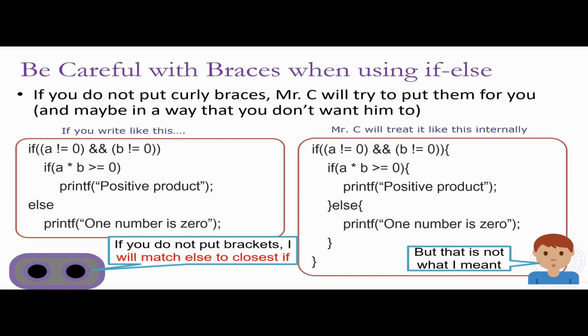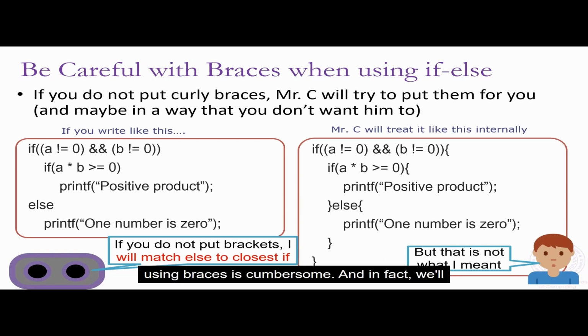Sometimes it'll feel like using braces is cumbersome, and in fact, we'll see some examples where using braces is not great. But for the most part, unless you have a very special requirement, you really should use braces when using if else. This is not Python.